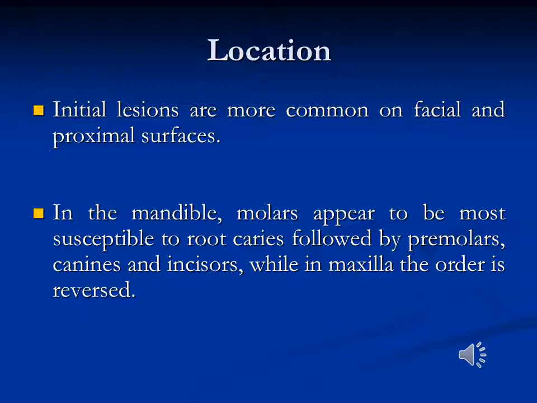So the least susceptible to caries in the mandible are the incisors, while in the maxilla, the orifices of the parotid salivary glands are toward the molars. So the least susceptible to caries in the maxilla are the molars. And we talked previously about the effect of saliva on caries, and how it is a defensive mechanism against caries, and we will talk about the role of saliva in dental caries in the next lecture.